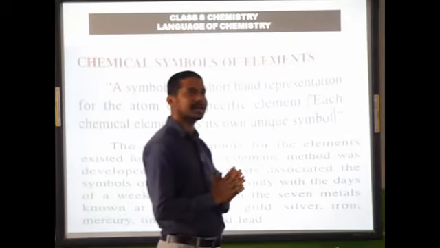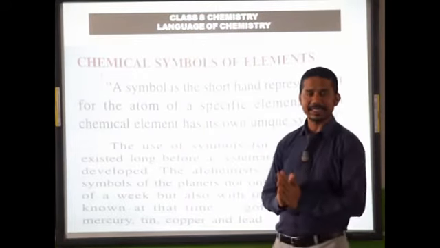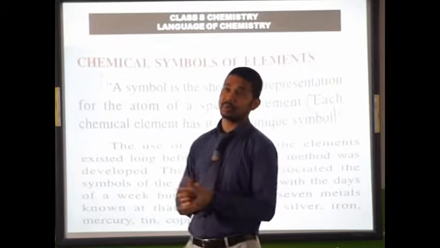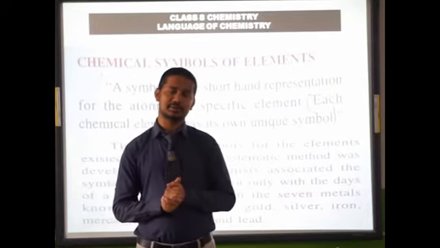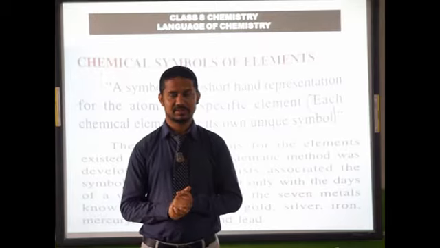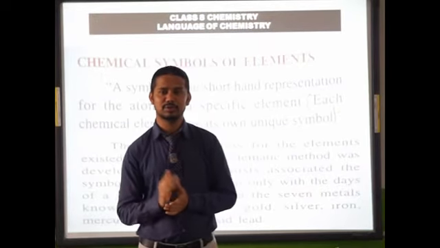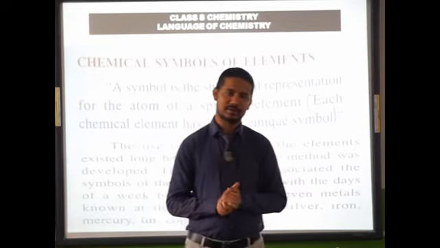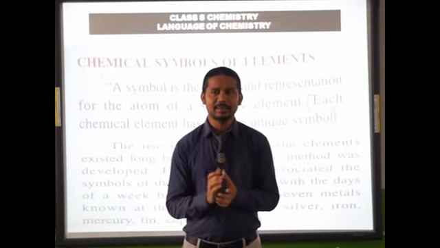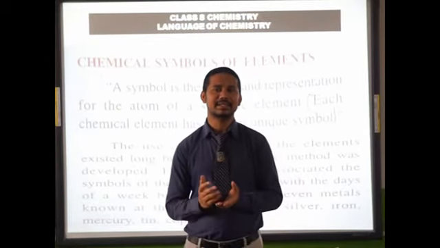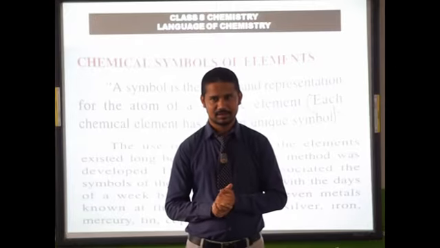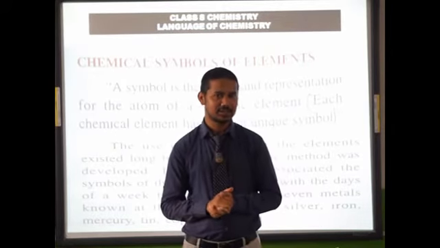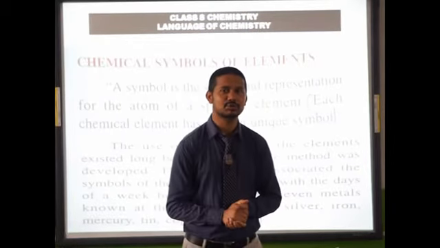Now we'll be starting a new lesson, that is the language of chemistry. You must be thinking, what kind of language is this? Chemistry also has a language. Language is the medium through which we communicate with each other. In chemistry, for example, if I write capital letter H, then in English it is the alphabet H, but in chemistry it is hydrogen.